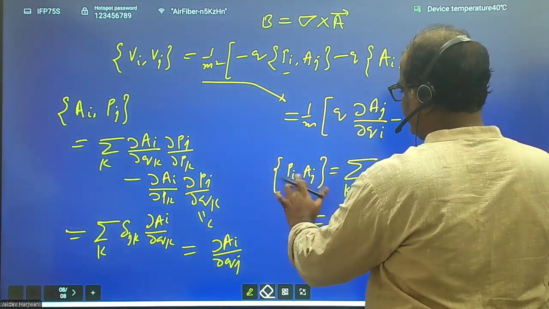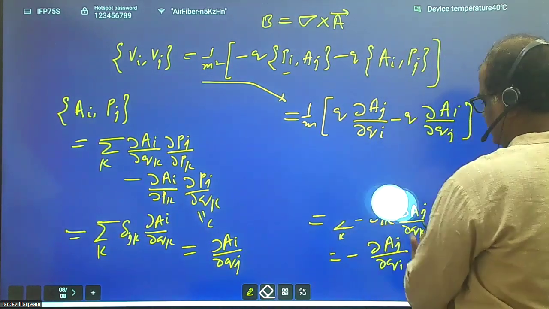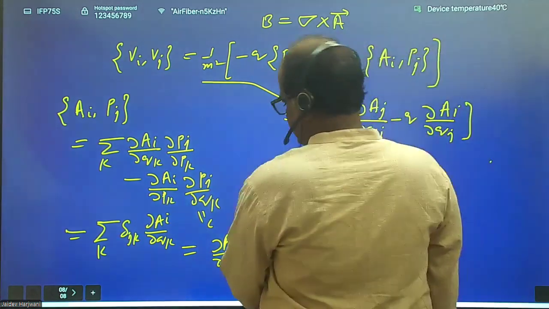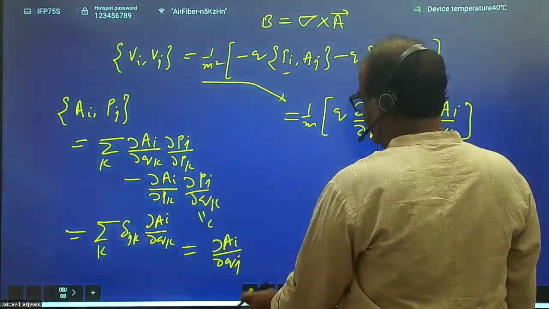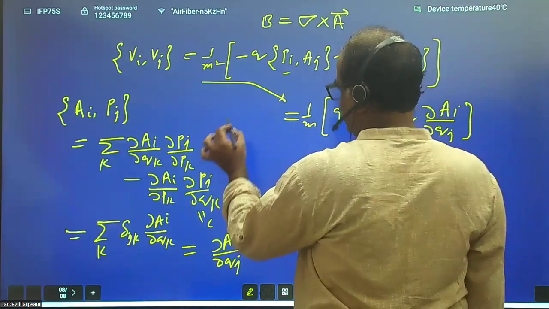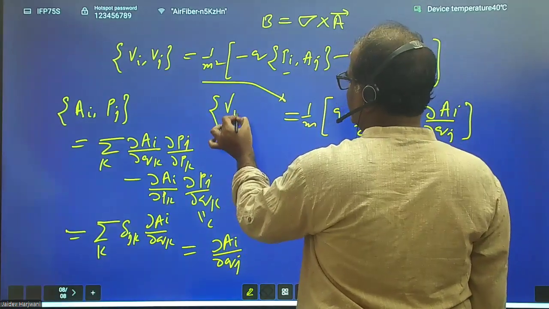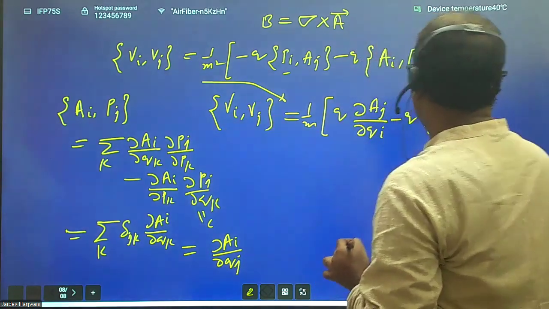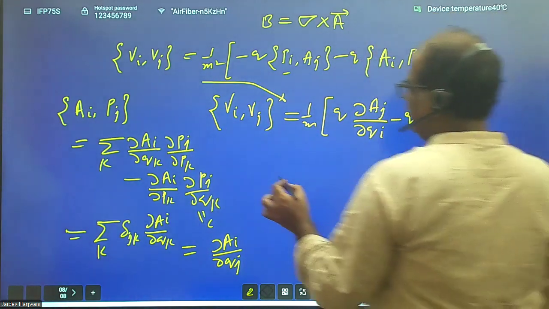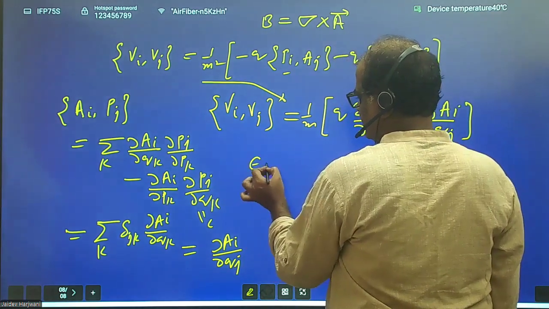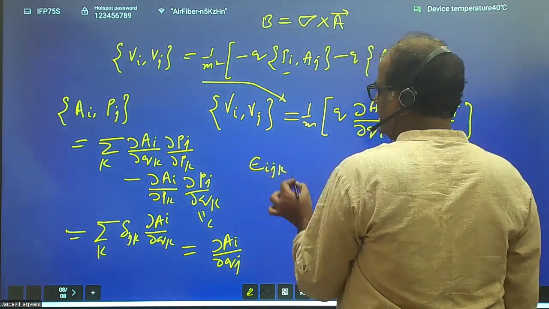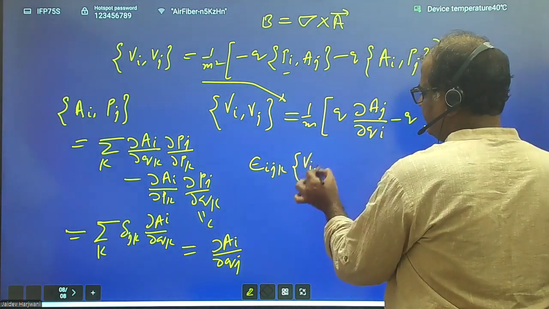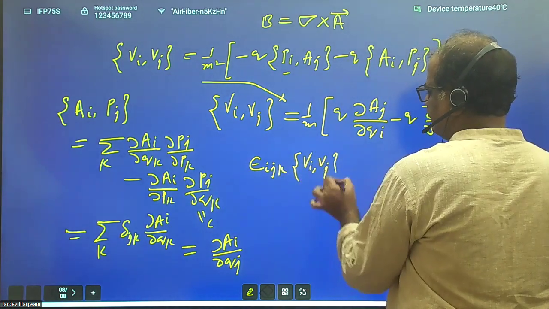Now we only need to bring this expression in terms of the magnetic field. Okay, so let me now solve for the magnetic field. Now this is my Poisson bracket between the components. This I have got. Now I just multiply this by the Levi-Civita symbol. So this becomes bi vj. Actually, you want the value of this bracket only.